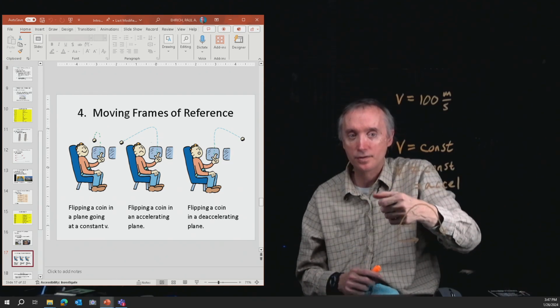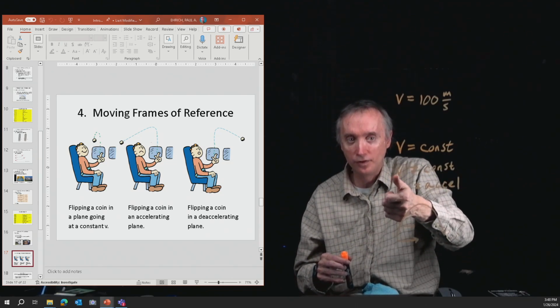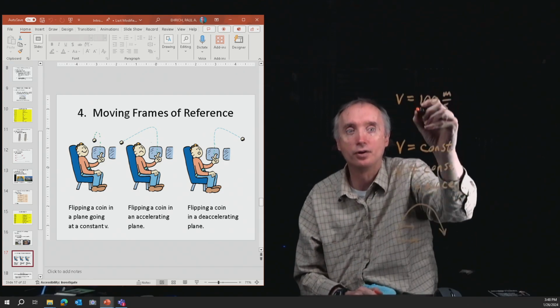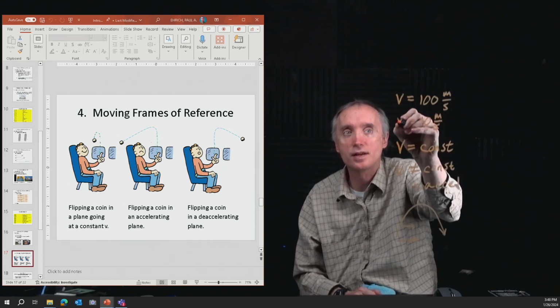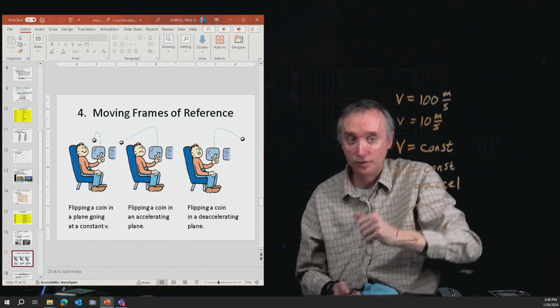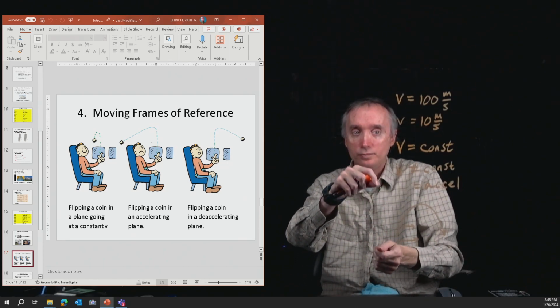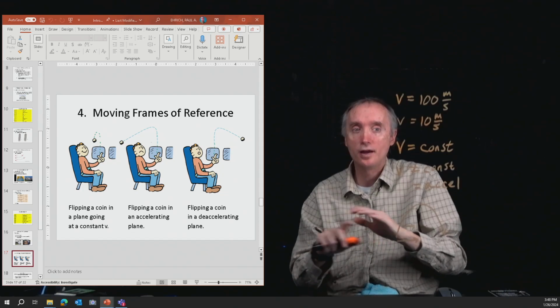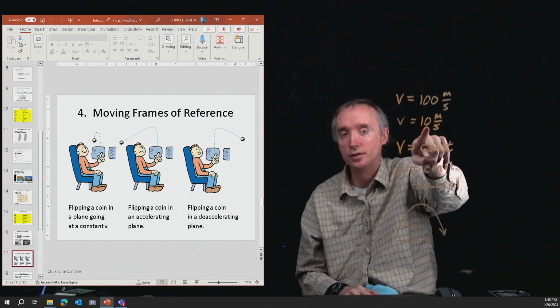So let's say that the speed of the airplane, the instant that you flip it, is, I don't know, let's say 10 meters per second. So let's say that that's the velocity of the airplane the instant that you flip the coin. So as soon as it leaves your thumb, that coin forever and ever has a speed of 10 meters per second, according to Newton's first law of motion.